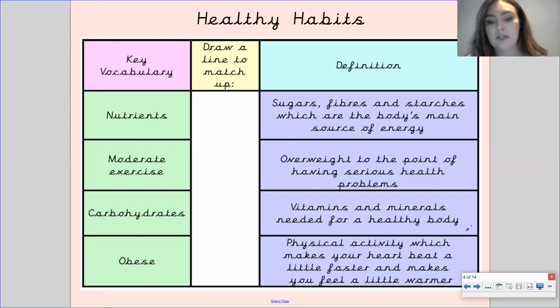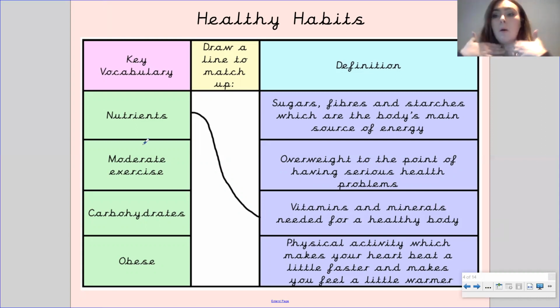And physical activity, which makes your heart beat a little faster and makes you feel a little warmer. So which one of these definitions do you think nutrients matches up to? Pause the video to have a think. Well done if you said that nutrients matches up to vitamins and minerals needed for a healthy body.